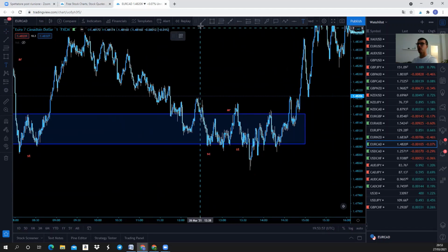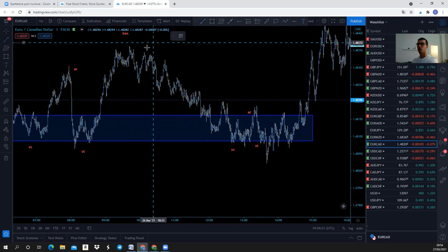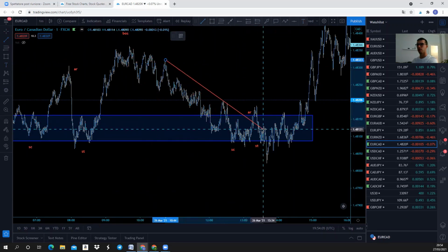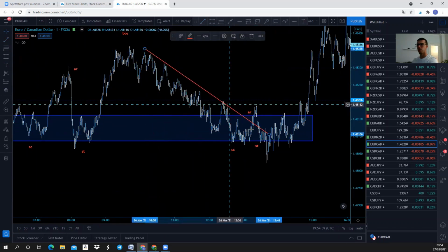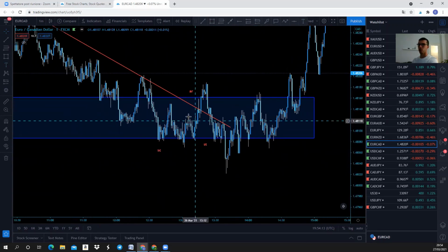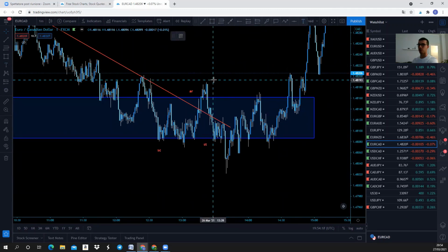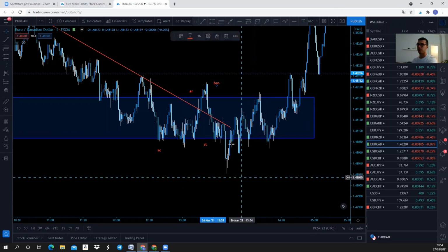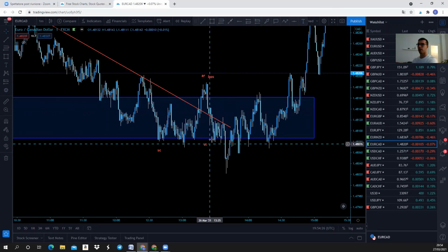Let me actually check the trend line. I'll put it from here. Right, yeah, perfect. So this is the automatic rally to the upside, which is also a break of structure. It is breaking the structure and it is also breaking the trend line. So perfect. So here, all right, secondary test.